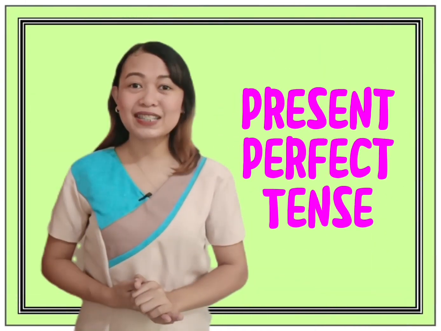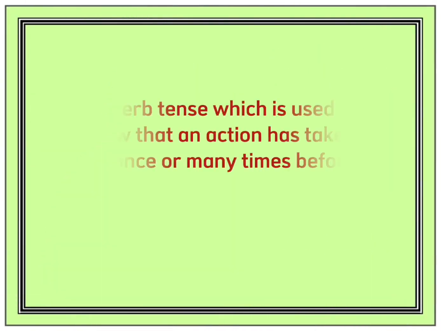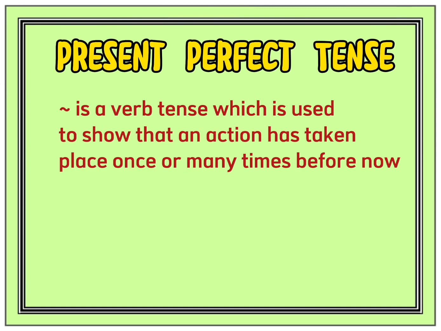In the first learning activity sheet, you have learned how to compose clear and coherent sentences using the present perfect tense. The present perfect is a verb tense which is used to show that an action has taken place once or many times before now.